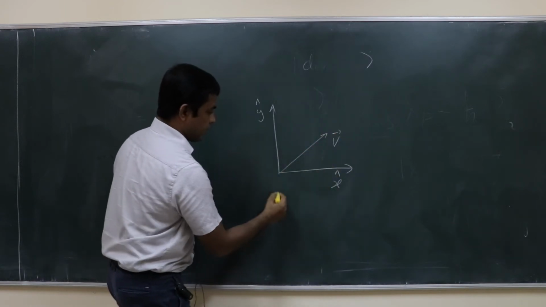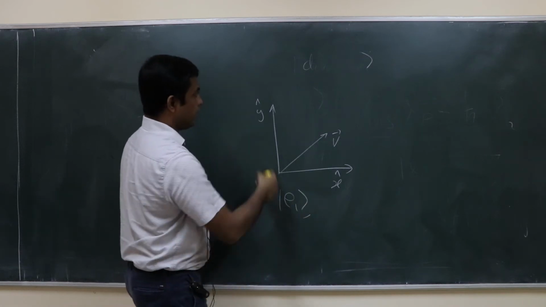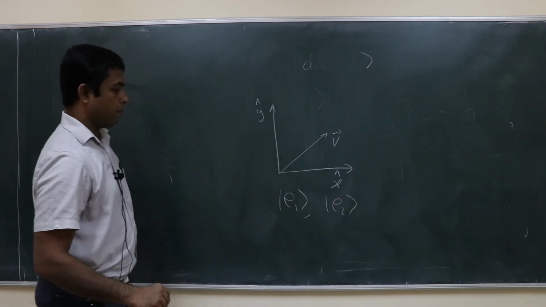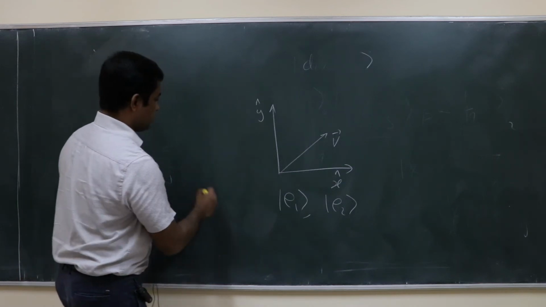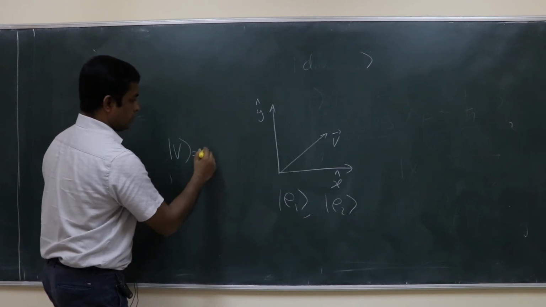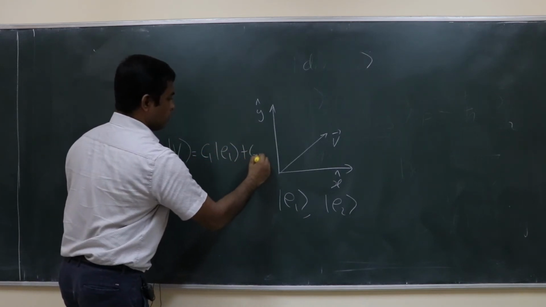I call x cap as E1 and y cap as E2. Then I can write this ket v as some coefficient C1 ket E1 plus C2 ket E2.